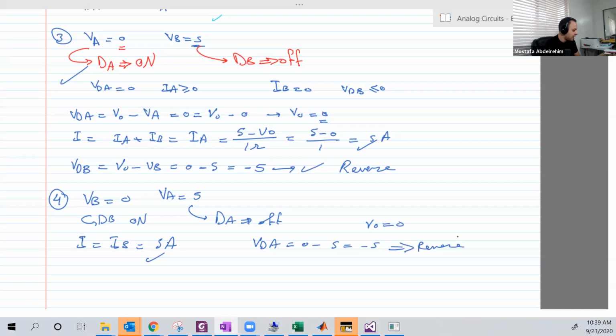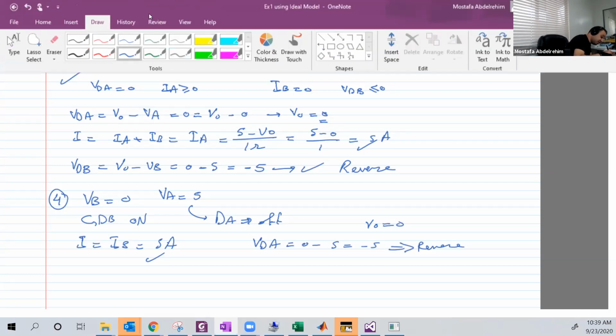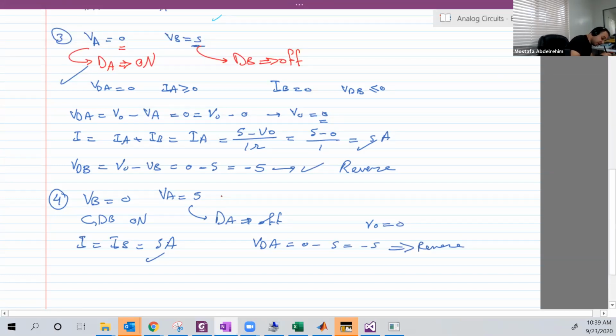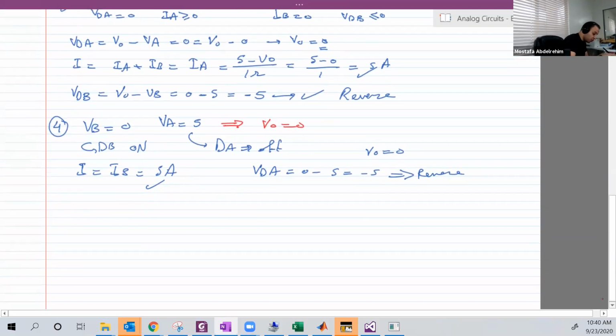Okay, so now let's draw our conclusions here. With this one, VO is equal to 0. With this one, we found that VO is equal to 0. Then we can write this nice table here with VA and VB and V out. With 0 and 0 volts, we got 0 volt.